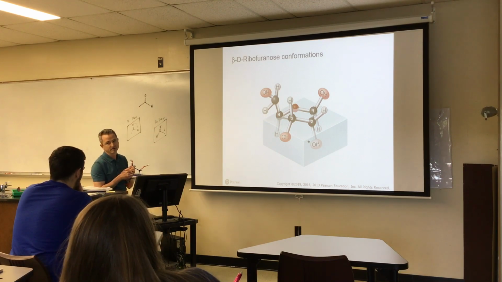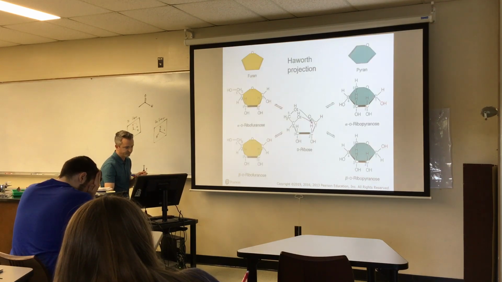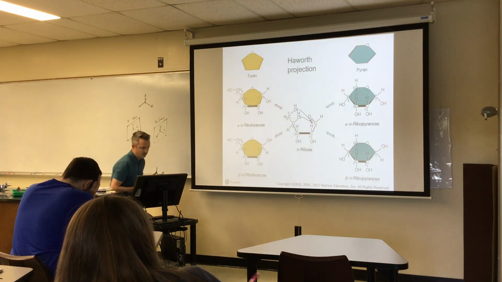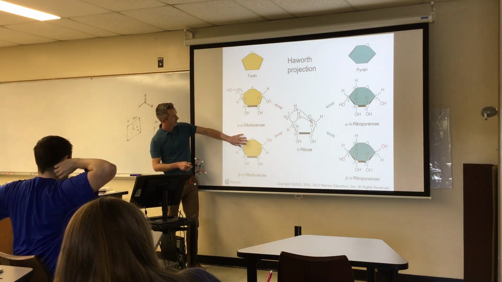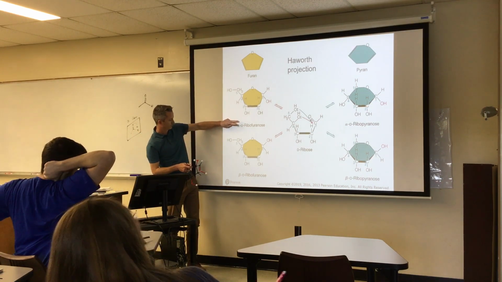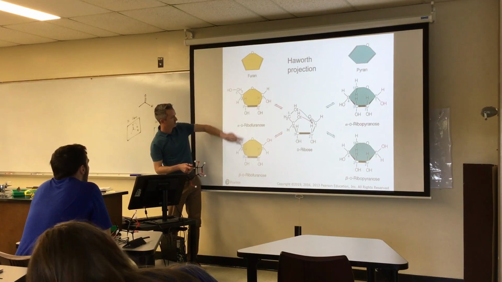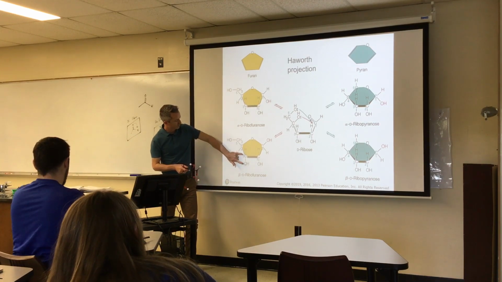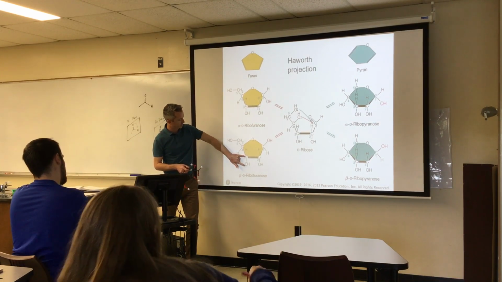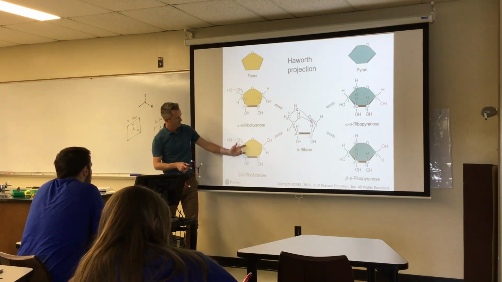If it differs on a different carbon, let's go back. If you look between these two, they are anomers of one another. But let's say you took the 3 and you switched the 3 up.